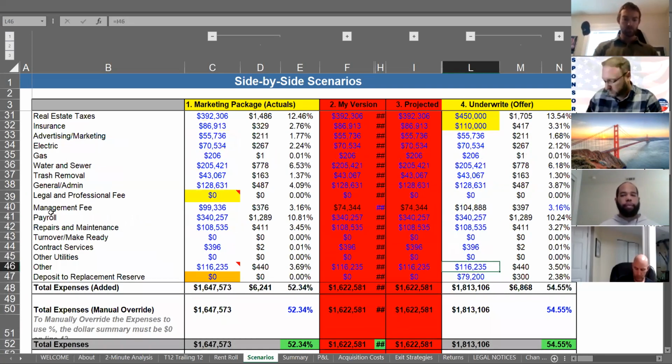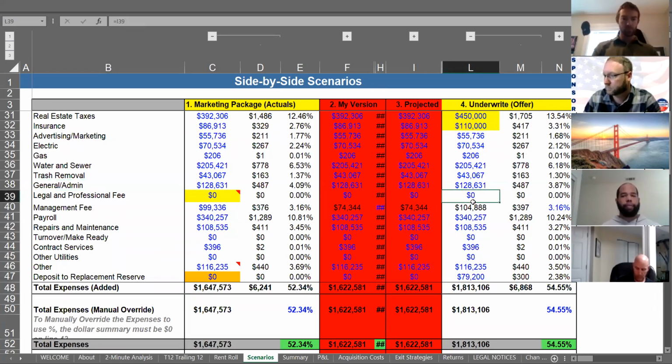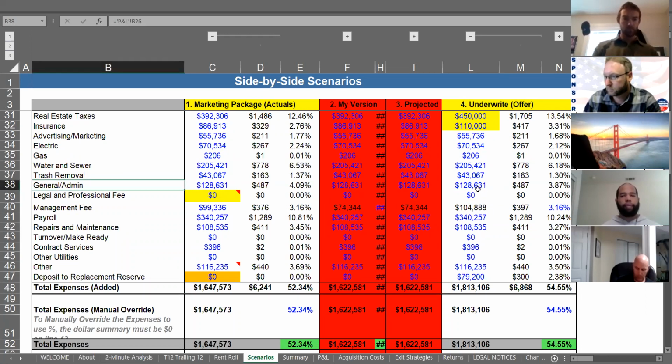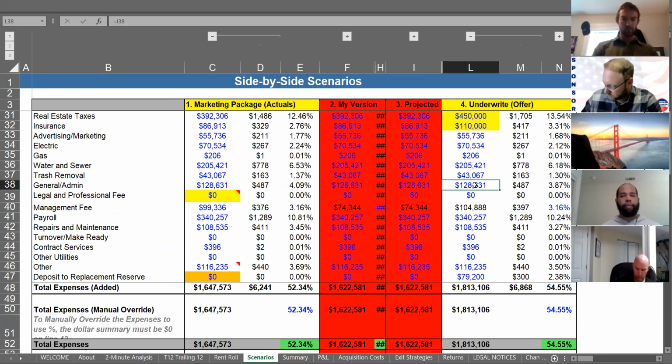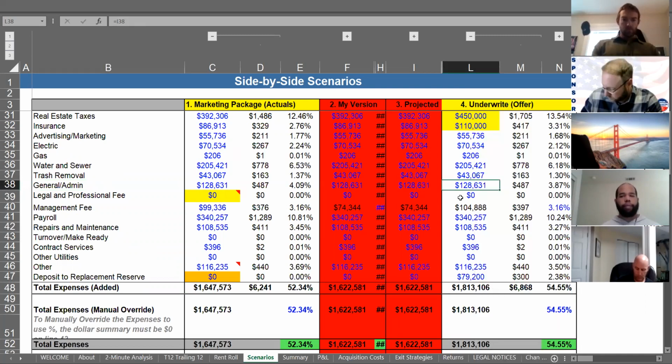Oh, one other thing. Sometimes if you don't see legal fees and professional fees, where it's a zero like this, check your general admin, because sometimes they include it in there. If they did, then just leave a note for yourself or for your teammates or for the property manager who's going to look at this, or whoever needs to know.